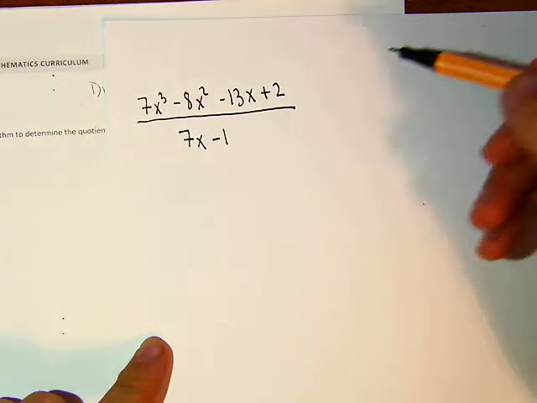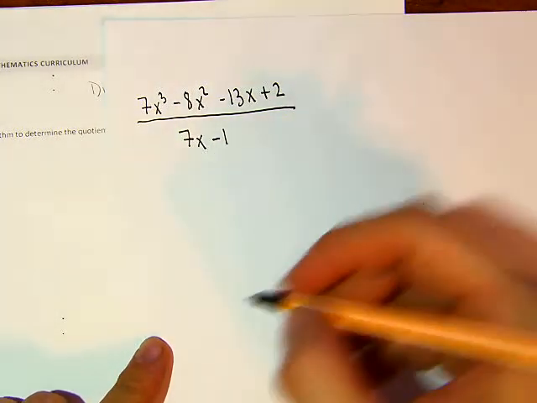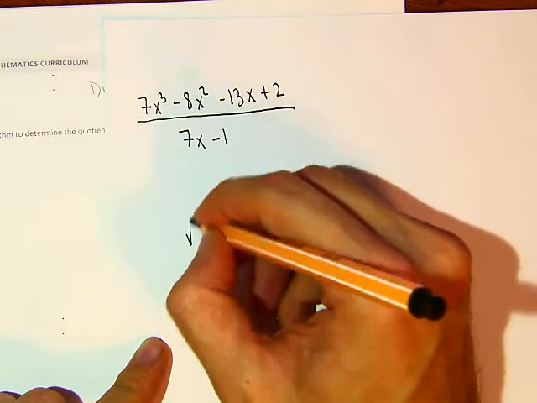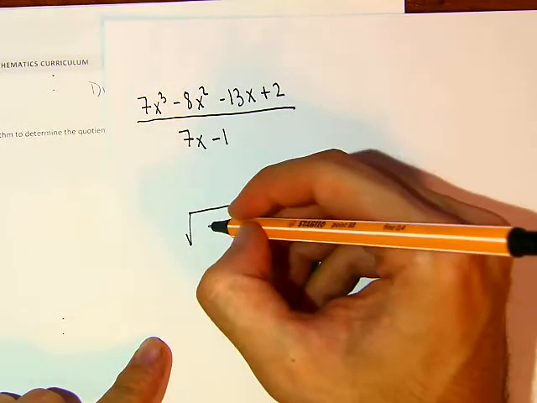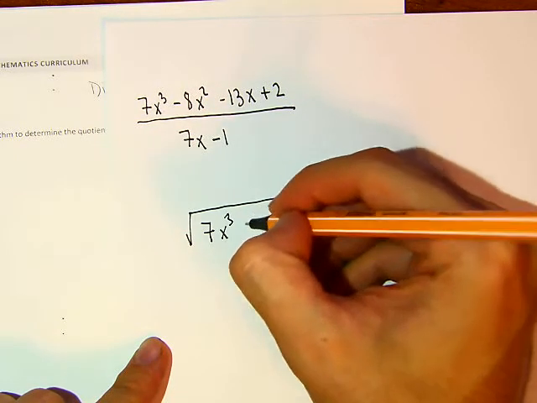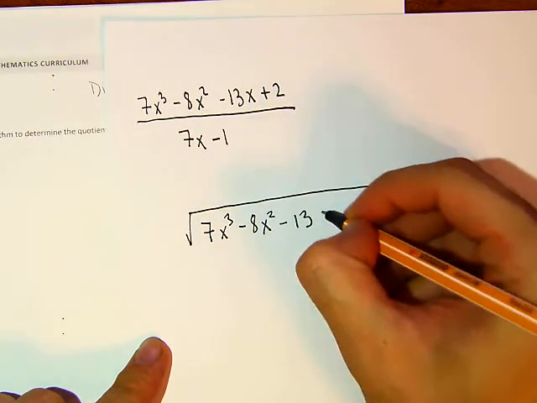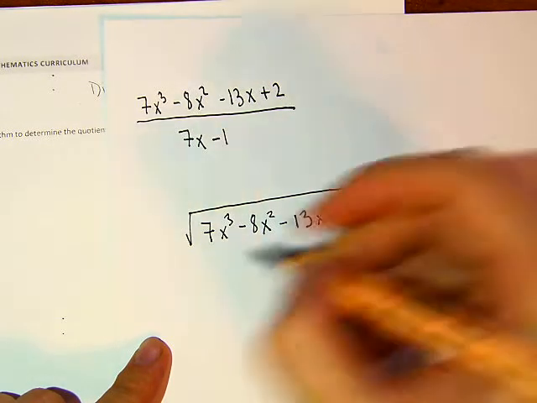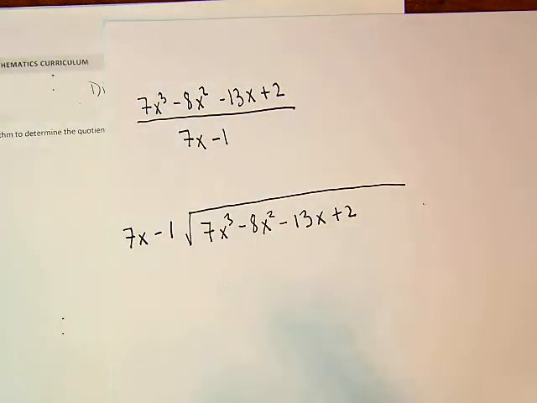This is just something divided by something, and the way we're going to do this problem is long division. What is being divided is 7x cubed minus 8x squared minus 13x plus 2, and it's all going to be divided by 7x minus 1. How do we do this?